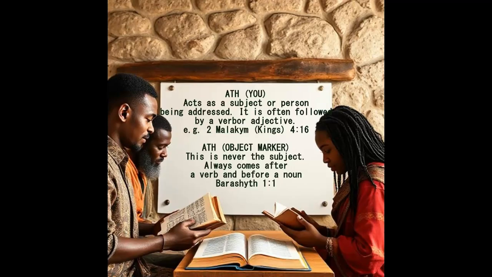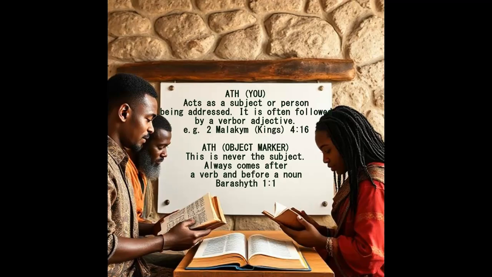If we look at Barashit 1 verse 1, Genesis 1 verse 1, when we look at ath as a direct object marker with no actual translation, we see in the beginning, Elohim created the heavens, or the Shamayim, and the earth, or the Arats. We see ath is used in that context.